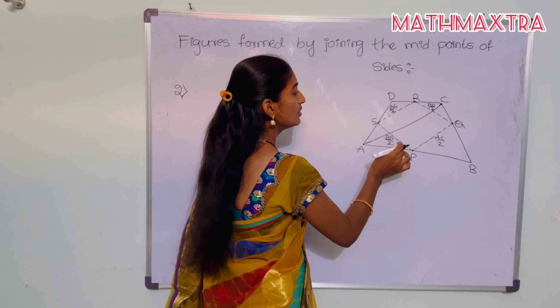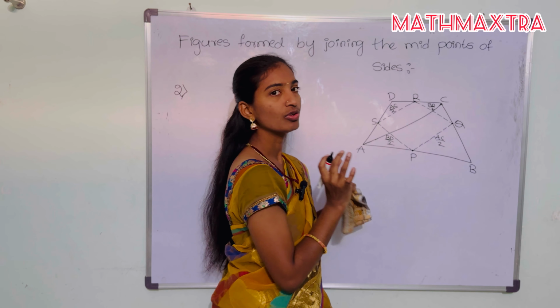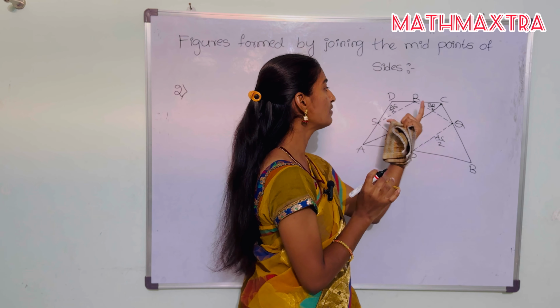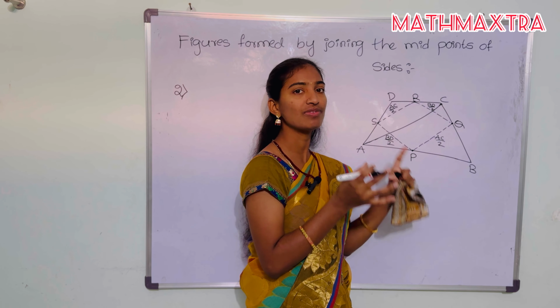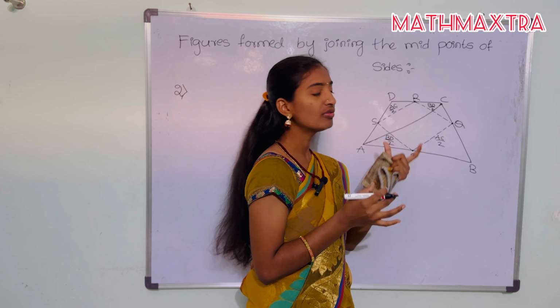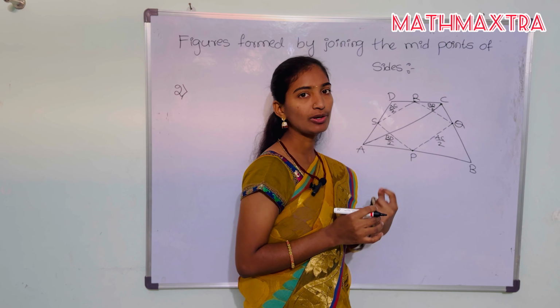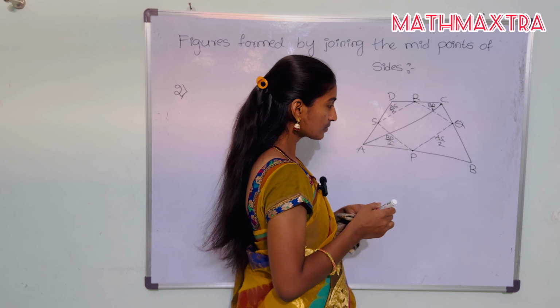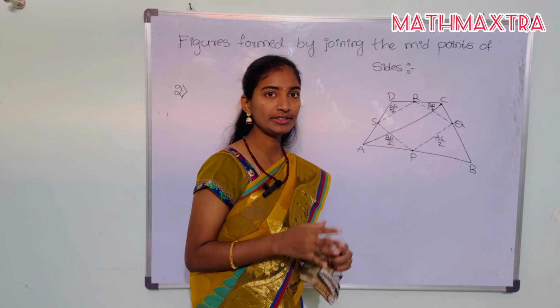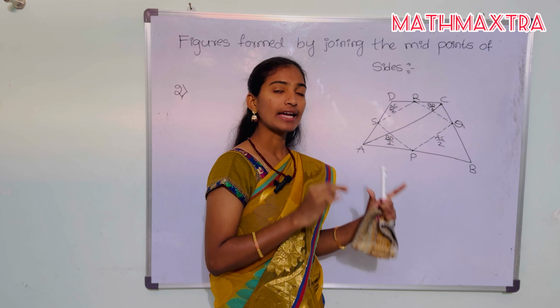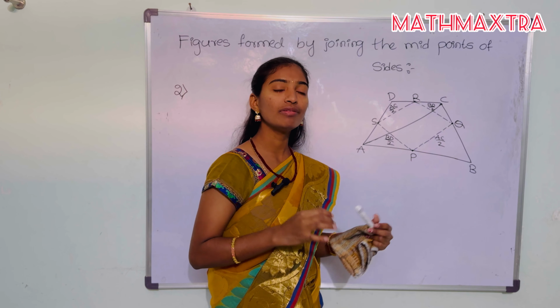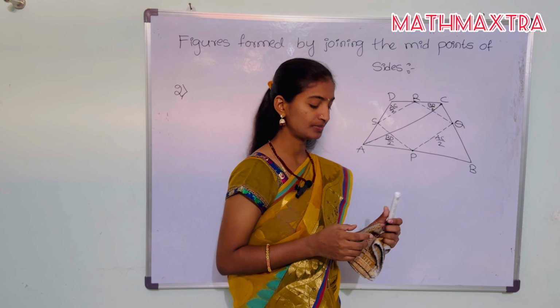Okay. So what we have got here also is that two pairs of opposite sides are parallel as well as equal. By that we can say that this PQRS quadrilateral is a parallelogram, isn't it? So if you join the midpoints of the sides of a trapezium, we will always get a parallelogram.